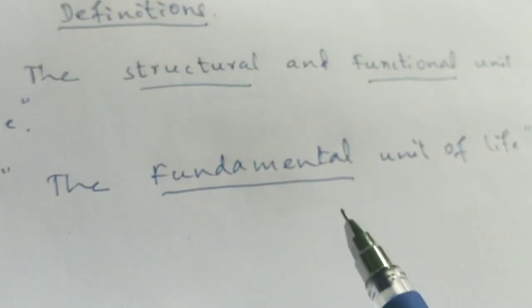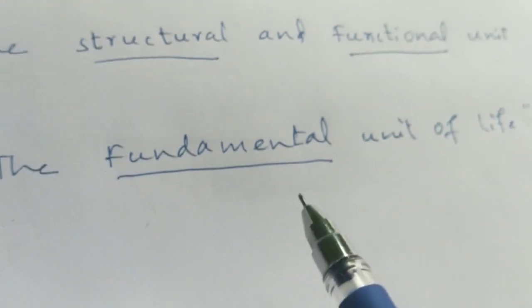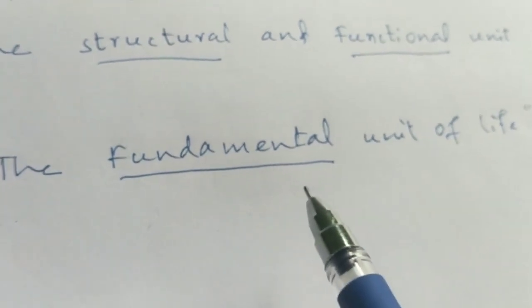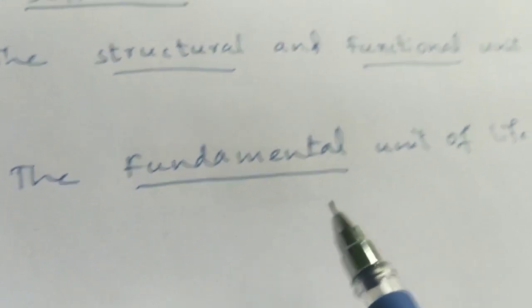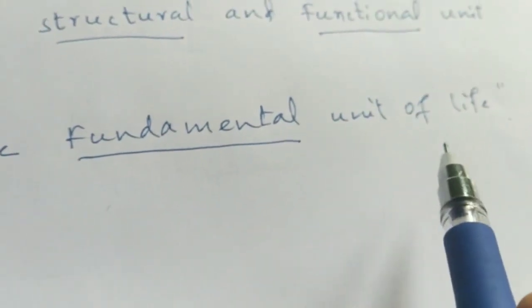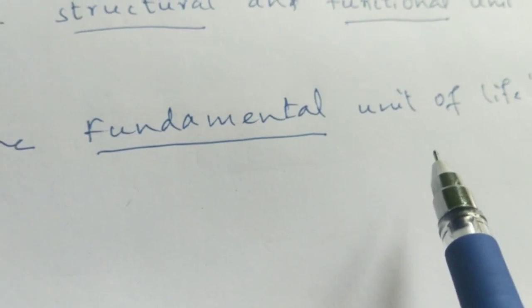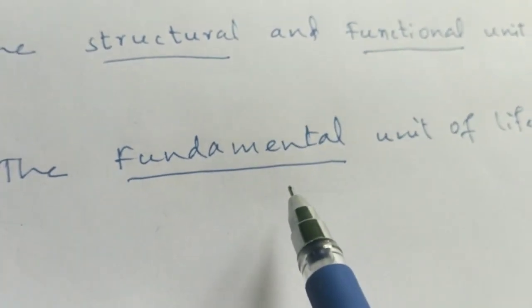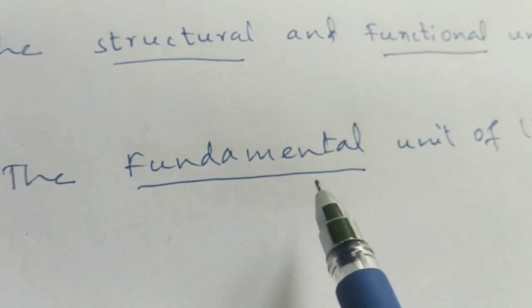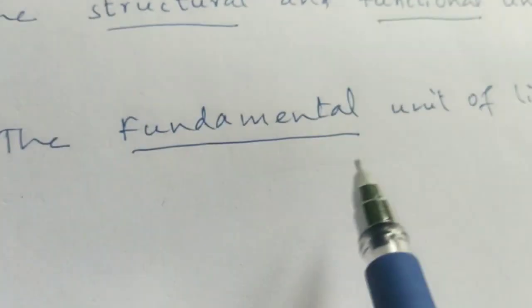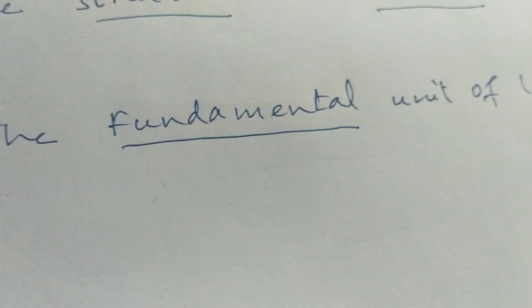Without cell, there is no life, or there is no existence of the living organisms. So the cells make the fundamental unit of life, the basic structure of living organisms. So the cell is the fundamental unit of life.